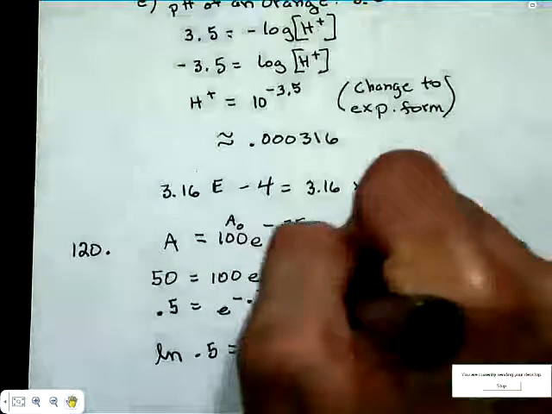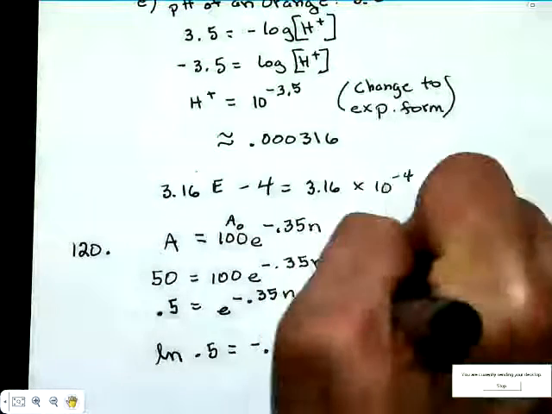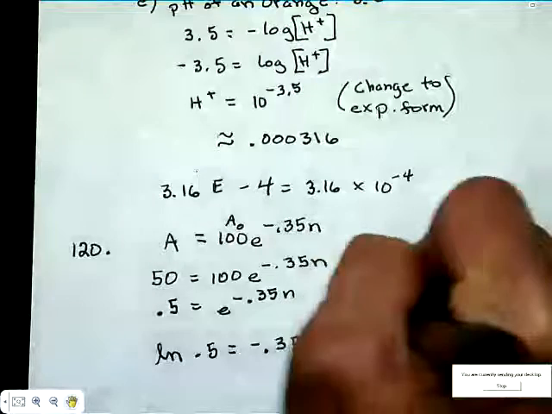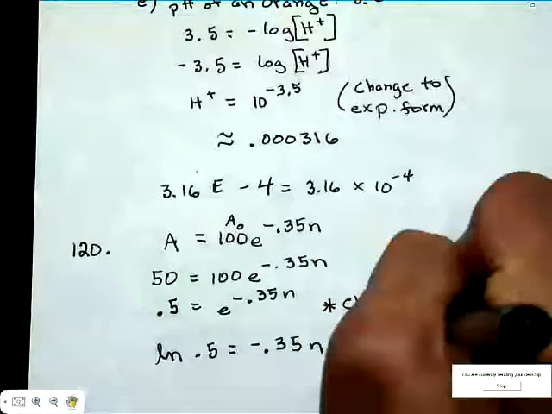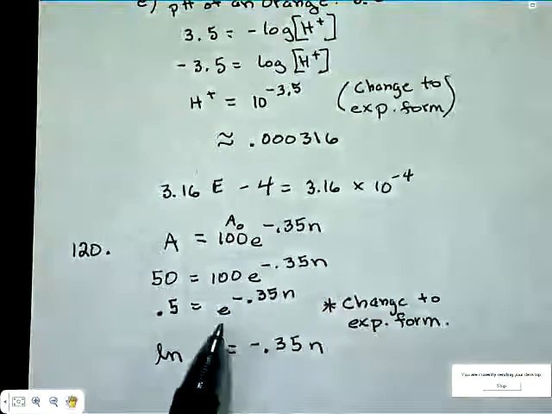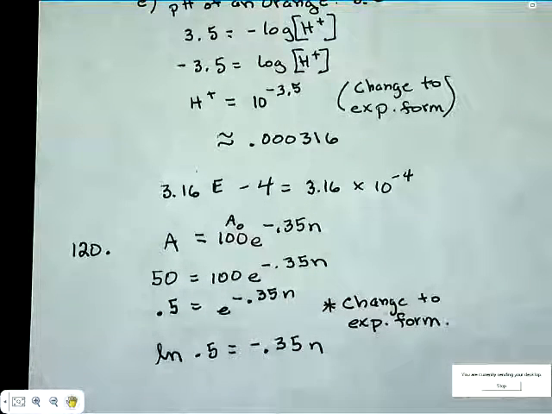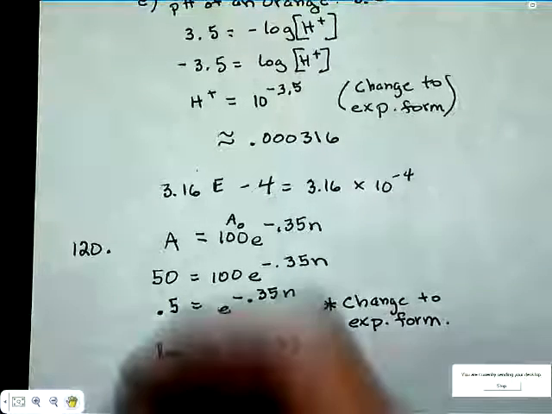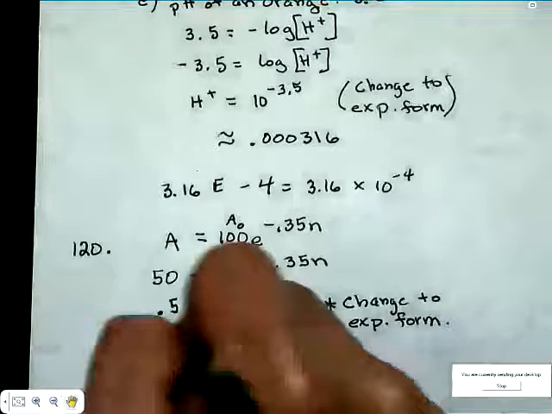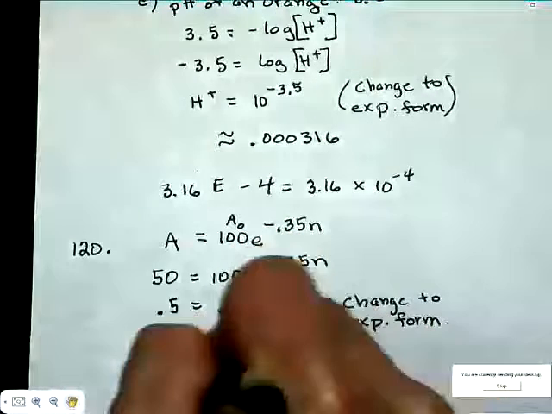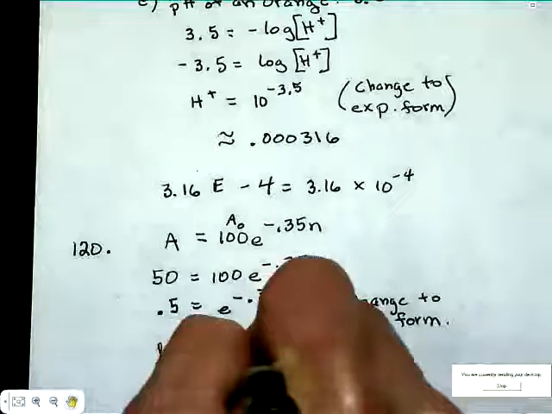Again, all we did was change to exponential form. And since this was base e, when we changed it to exponential form, we had natural log. And then just divide both sides by the negative 0.35. N is the natural log of 0.5 divided by negative 0.35.